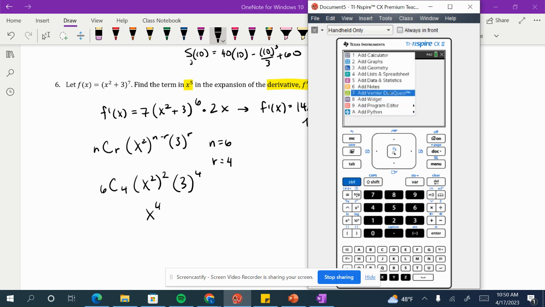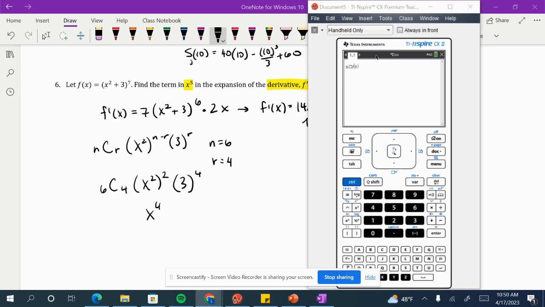We do menu 5, 3 to get to combinations, 6 comma 4. That's 15 times 3 to the 4th, which gives 1215.